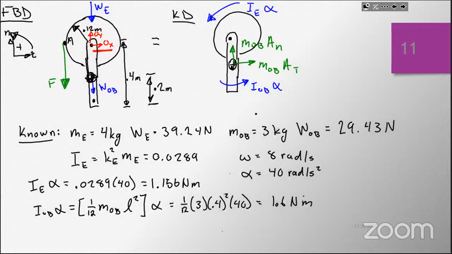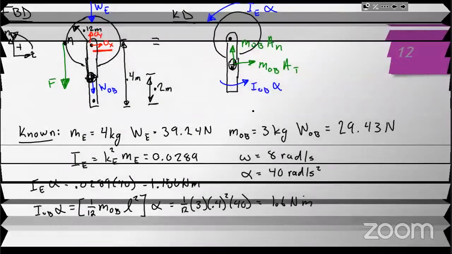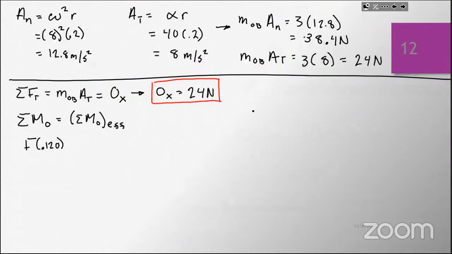So that's why we end up with it the way that we do. So if we sum it at O, we only have one thing that we have to worry about: F times 0.12. This is going to equal I_E alpha plus M_OB A tangential times 0.2 plus I_OB alpha. Well, we calculated all these things.